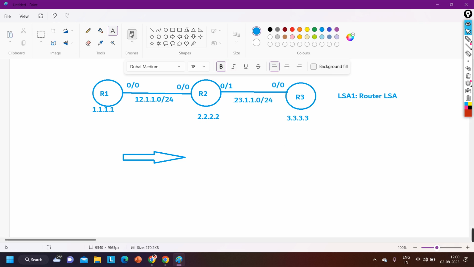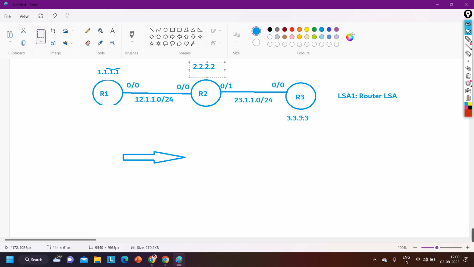Done. Okay, now let's say each router has one LAN network. Let me put the router IDs on top: this is the router ID of router 1, this is the router ID of router 2, and this is the router ID of router 3.